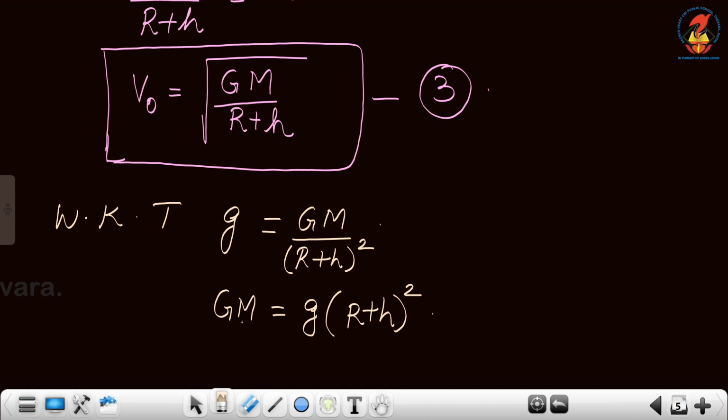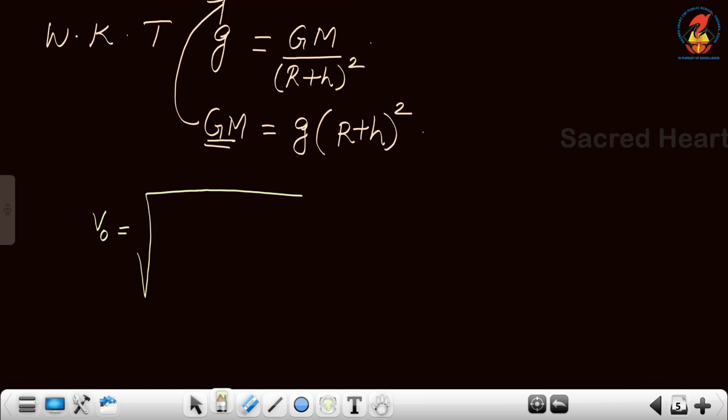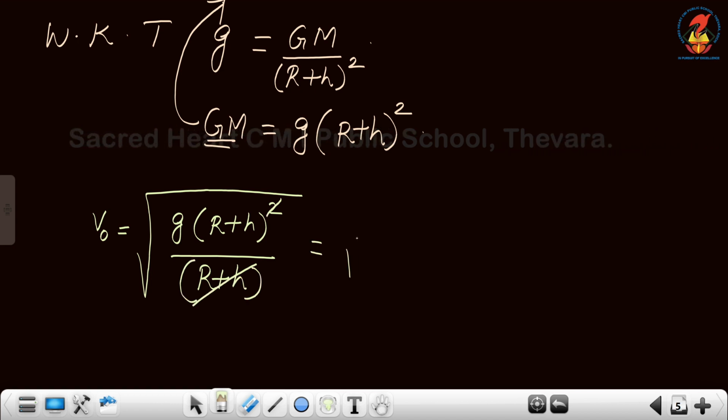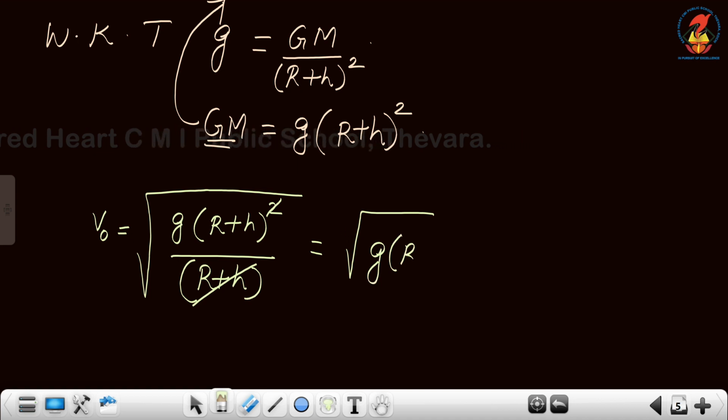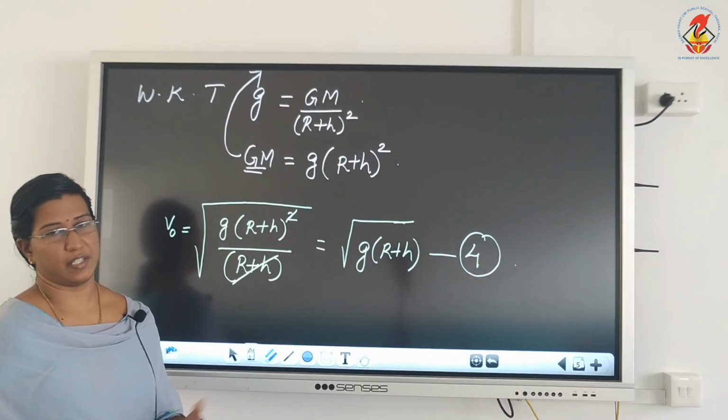Now substituting the value of G M in equation 3, we get v0 is equal to root of g into r plus h the whole square divided by r plus h, that is root of g into r plus h. Equation 4. This is also an equation to find orbital velocity in terms of acceleration due to gravity.